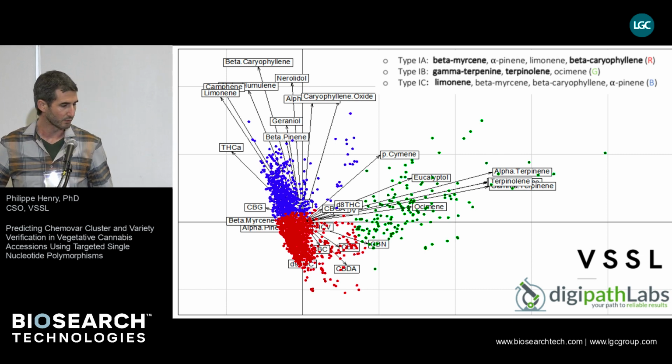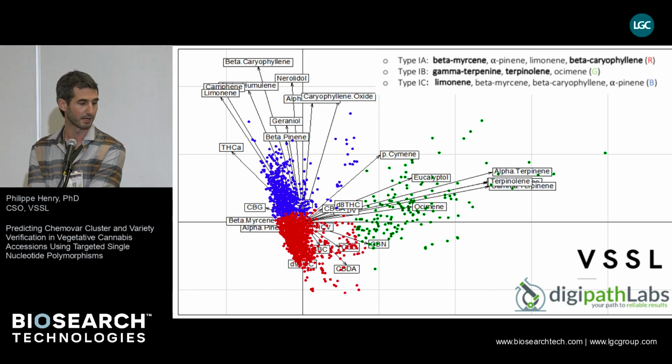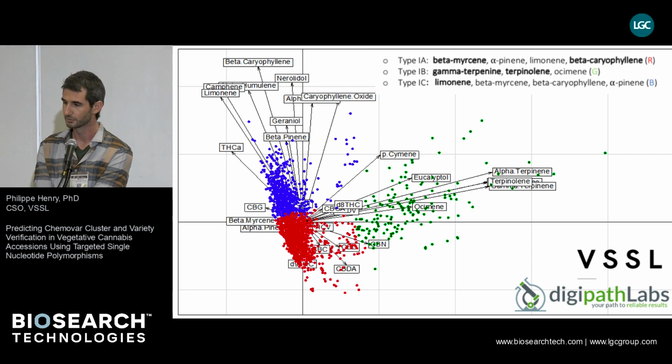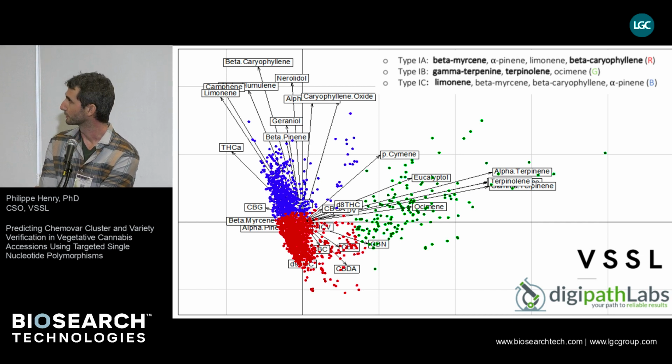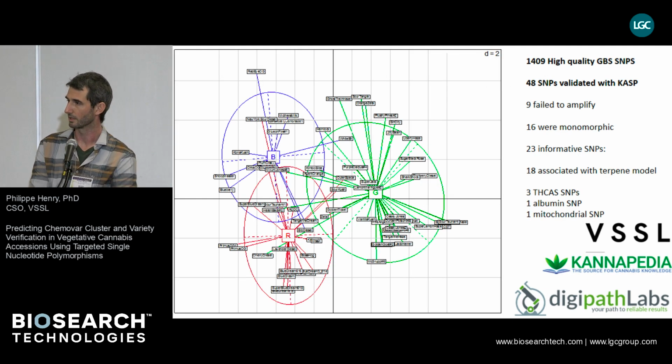So what we did, and here is the part where LGC comes in, in terms of moving from very large panels generated by genotyping by sequencing. This was actually outsourced to a group from Boston, Massachusetts, called Medicinal Genomics Corporation. They offered that as a service where they would sample a plant and they would return a large SNP data set.